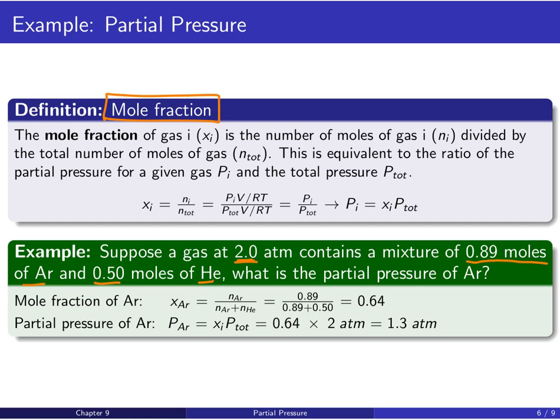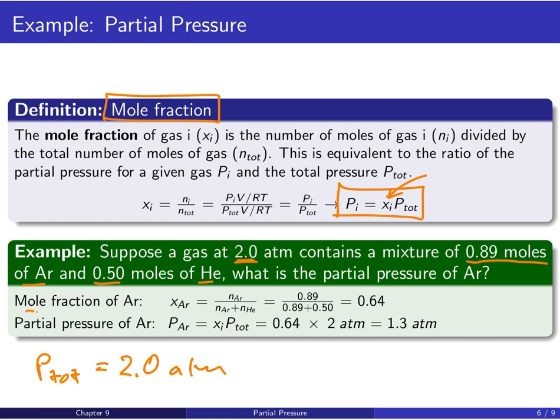Okay, so we know total pressure, P total, is 2.0 atm, and we know the number of moles of argon and helium. So we're going to use this relationship that relates the mole fraction, number of moles of our given gas, and the partial pressure of that gas using the total pressure.